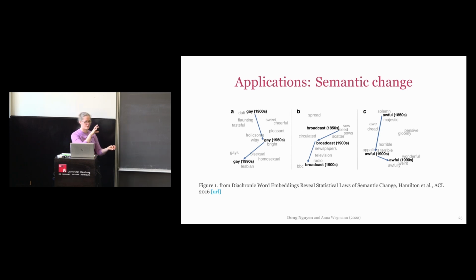So you have vectors for the word gay here, for example, for each decade, and then you just compare how it shifts through time. And then you find, well, apparently gay meant something different in the 1900s than it does in the 1990s or today. Or broadcast, right, with the introduction of radio and television changed its meaning compared to the 1850s as well. So this kind of makes sense.